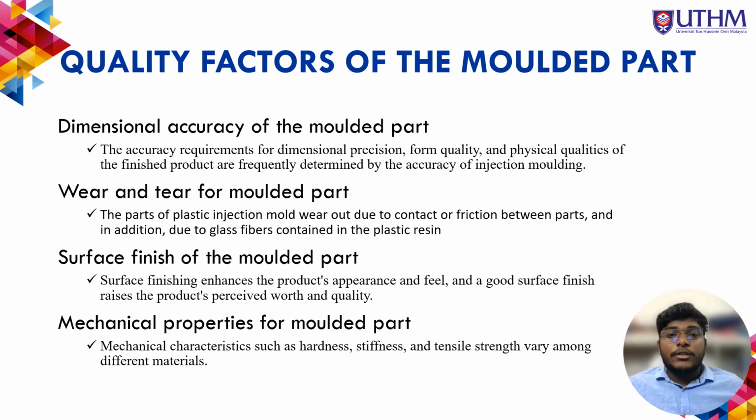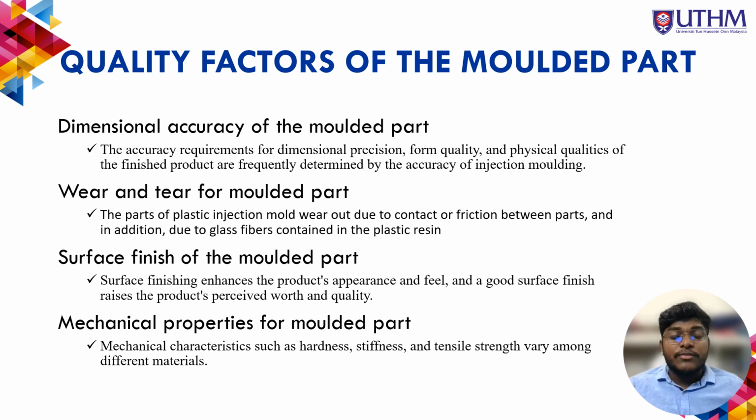The quality factors of the molded part. Dimensional accuracy of the molded part. The accuracy requirements for dimensional precision, form quality and physical qualities of the finished product are frequently determined by the accuracy of the injection molding. Wear and tear of the molded part. The parts of a plastic injection mold wear out due to contact or friction between parts, and in addition due to glass fibers contained in the plastic resin.